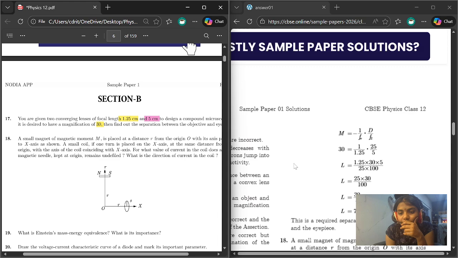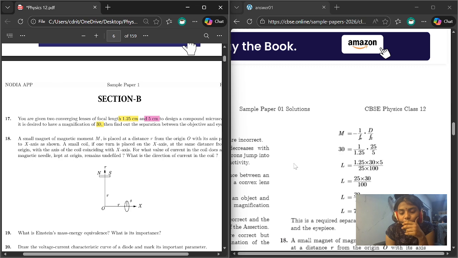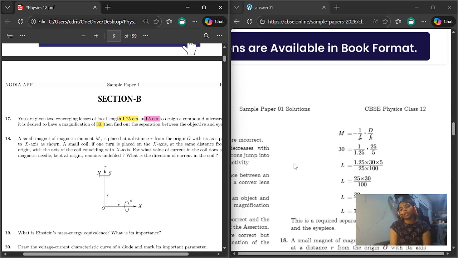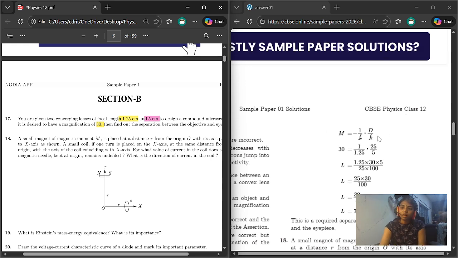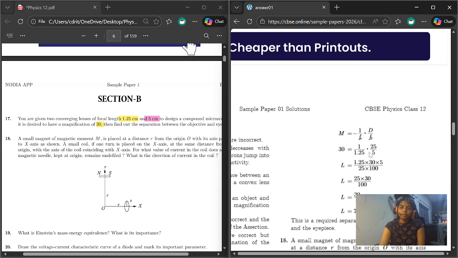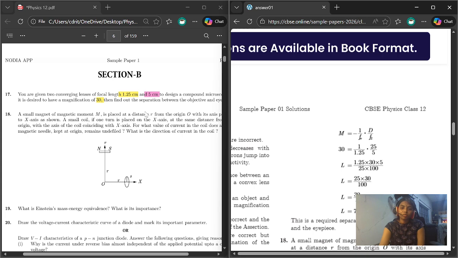L is equal to 1 by 1.25 into 30. How did L come here?